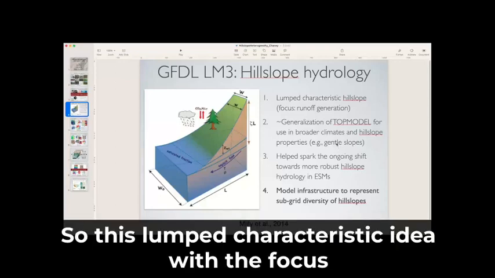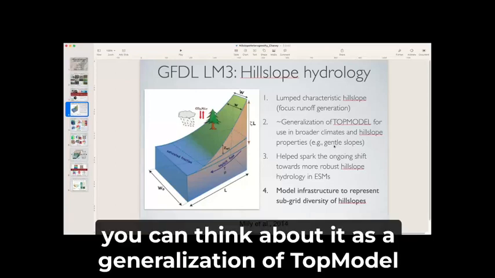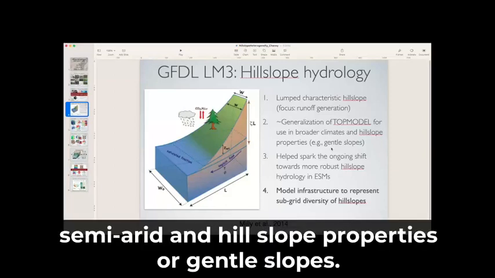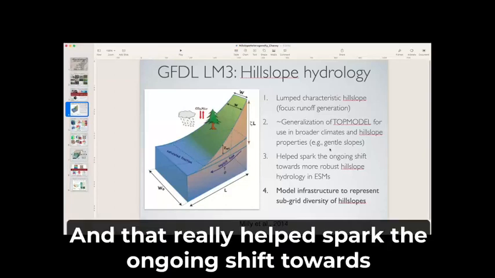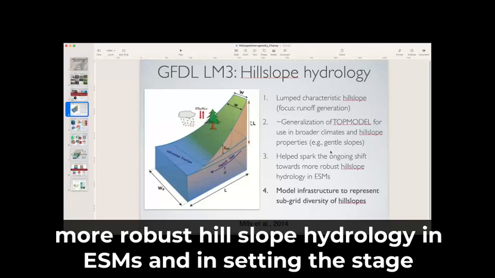So this lumped characteristic idea, with the focus on runoff generation, they brought into LM3. You can think of it as a generalization of TOPMODEL for broader use, for broader climates, for example semi-arid, and hill slope properties, so gentle slopes. And that really helped spark the ongoing shift towards more robust hill slope hydrology in ESMs.